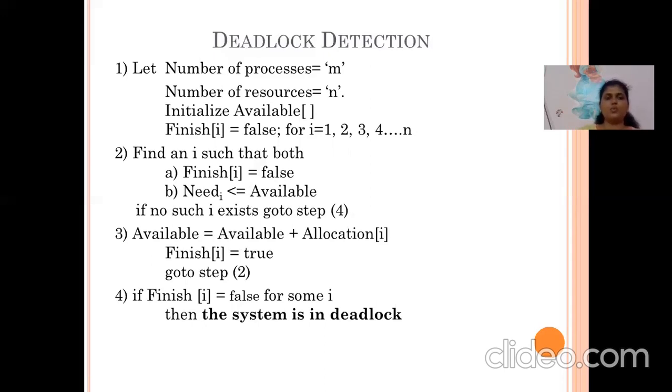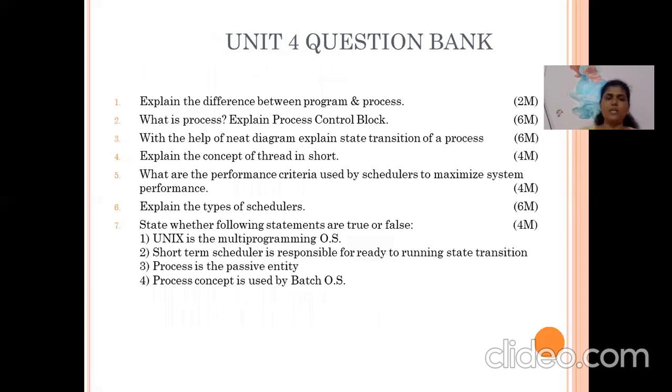The first three steps are exactly the same, and in the fourth step, instead of finish[i] equal to true for all the processes, we make the change: if finish[i] is equal to false for some process i, then we say the system is in deadlock. This way we can detect the deadlock, and where there is a deadlock, we will control that deadlock.